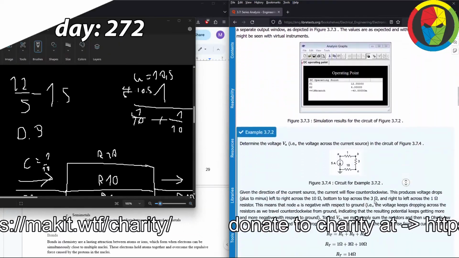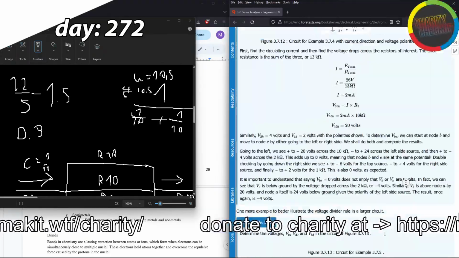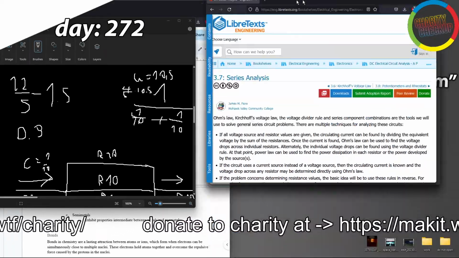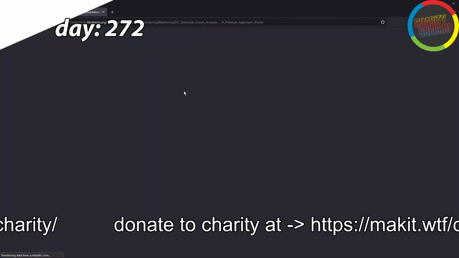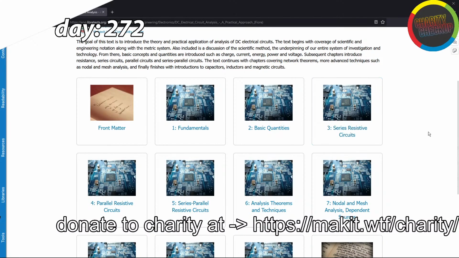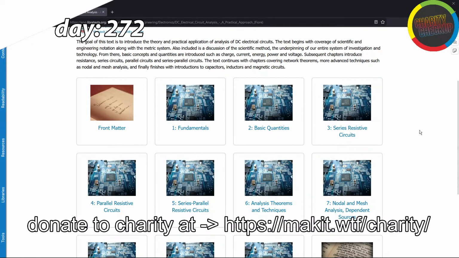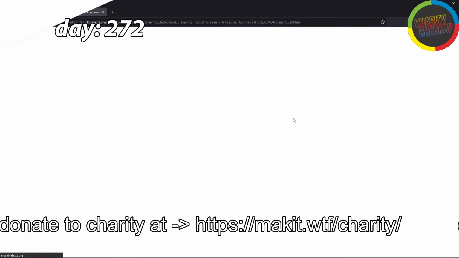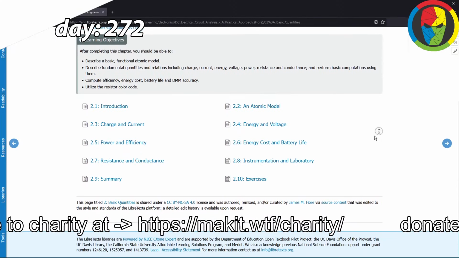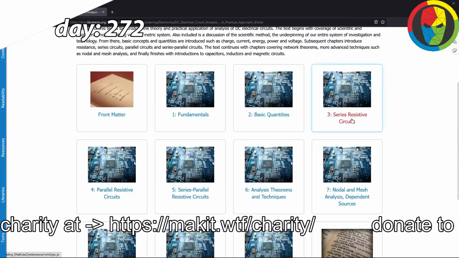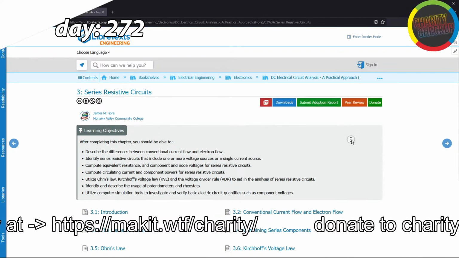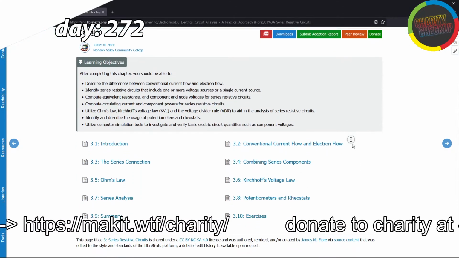This is a serious analysis, it's not about polarity. Hold on. Sorry, I was only on the first page. So, basic quantities. Okay, nothing about polarity.